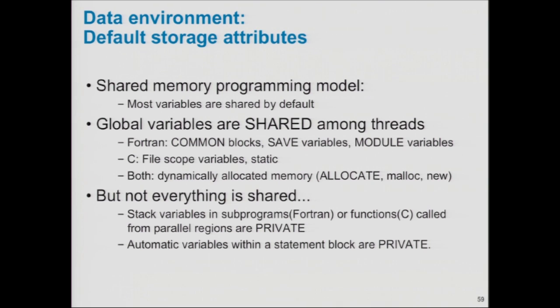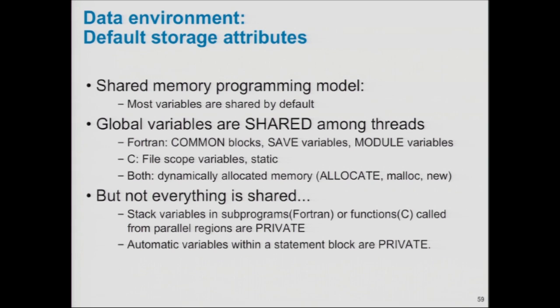However, not everything is shared, and as we've already seen, there are many instances where you don't want things to be shared, because if you have private copies of them, you can get much more efficient programs. So in OpenMP, we try to define things as not shared where it's pretty clear that sensibly you don't want them to be shared. Stack variables are private.